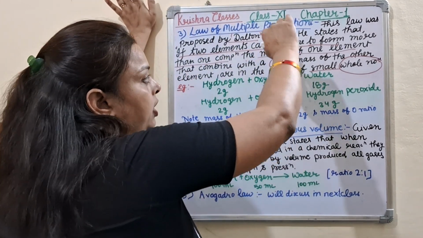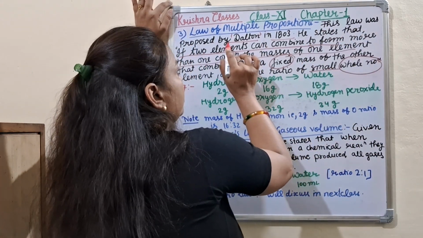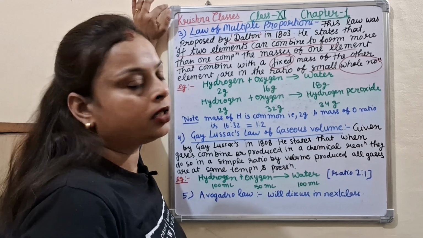So I repeat again, what is the law of multiple proportion? This law was proposed by Dalton in 1803.